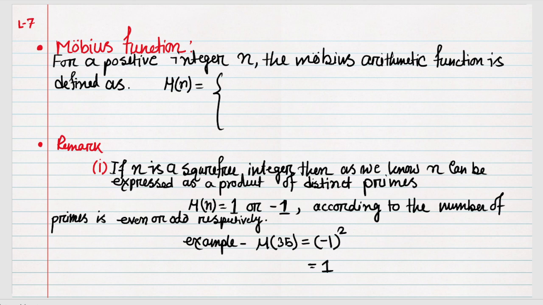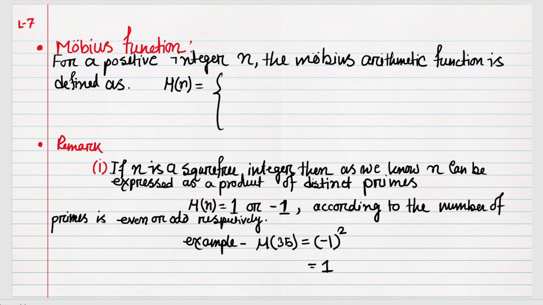Now we'll study what the Möbius function is. For a positive integer n, say n is any positive integer, the Möbius arithmetic function is defined as follows. The definition of the Möbius function is quite different from the tau function and the sigma function.